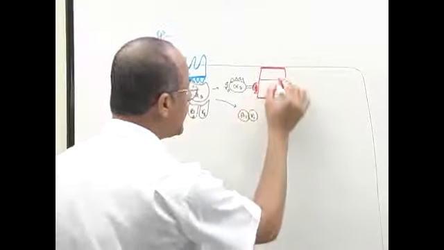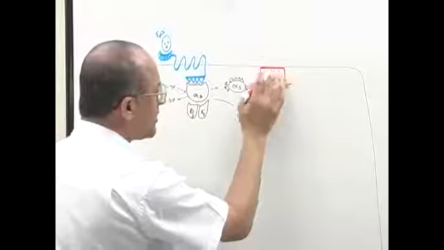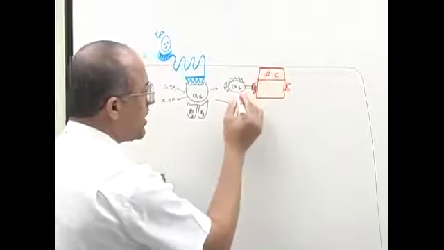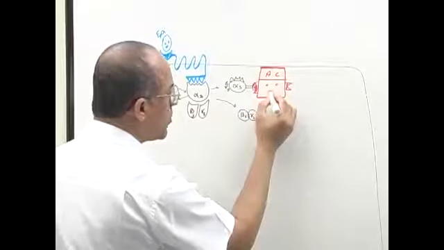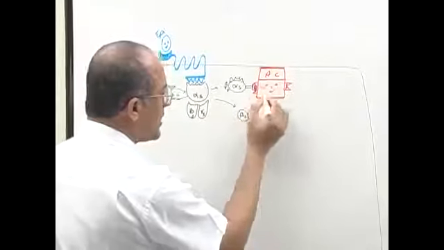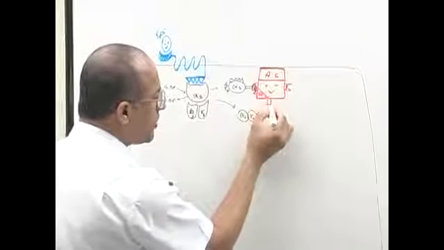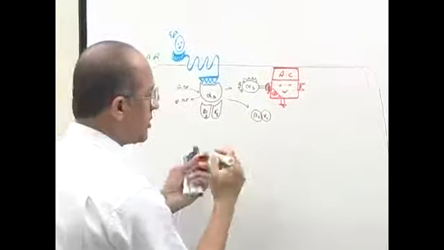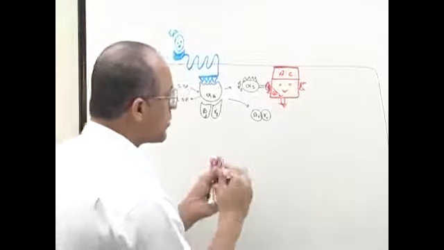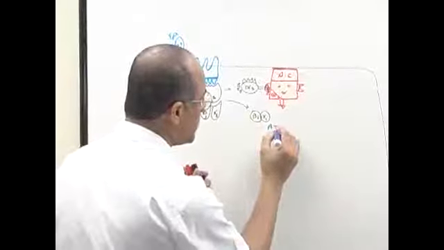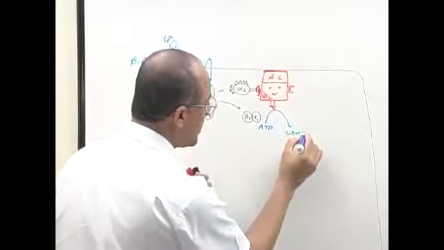And when this adenylyl cyclase is stimulated by alpha stimulatory, then what happens? This will stimulate the activity of adenylyl cyclase, and adenylyl cyclase will start converting ATP into cyclic AMP.